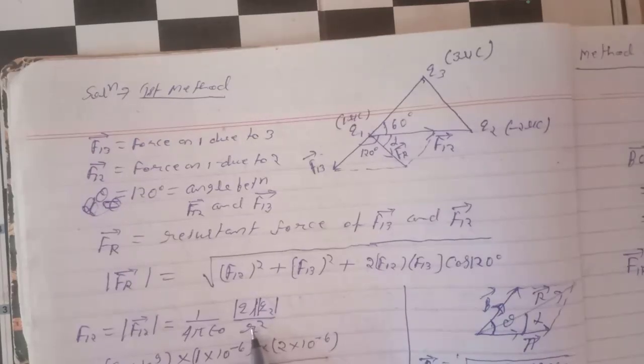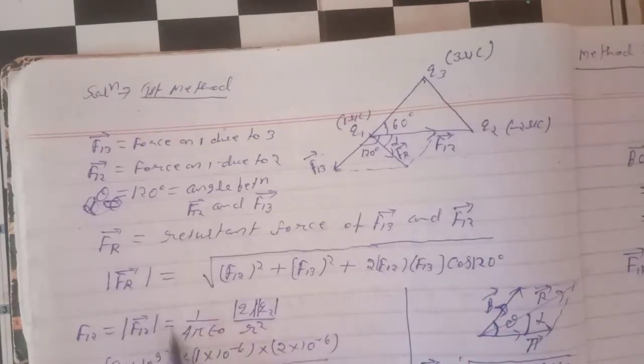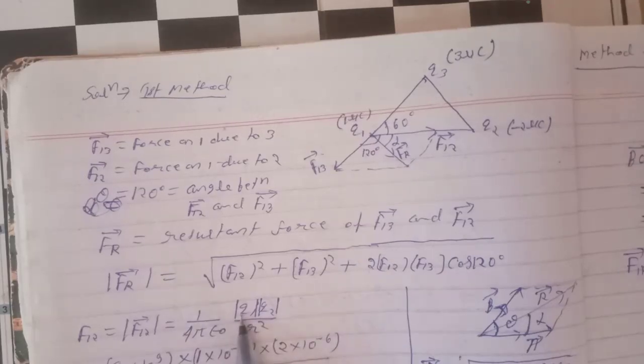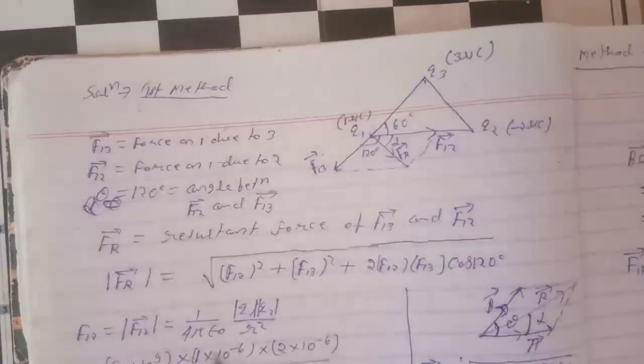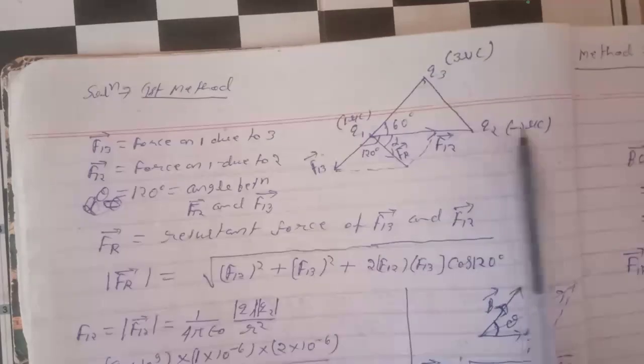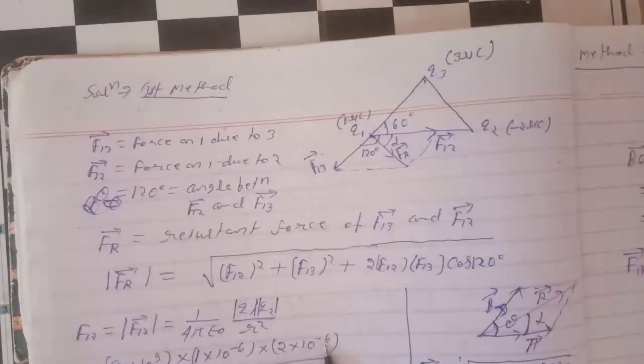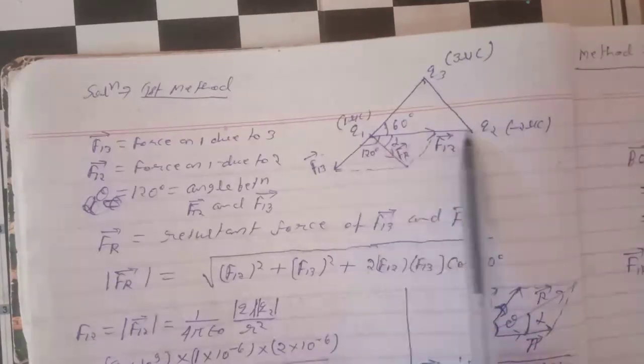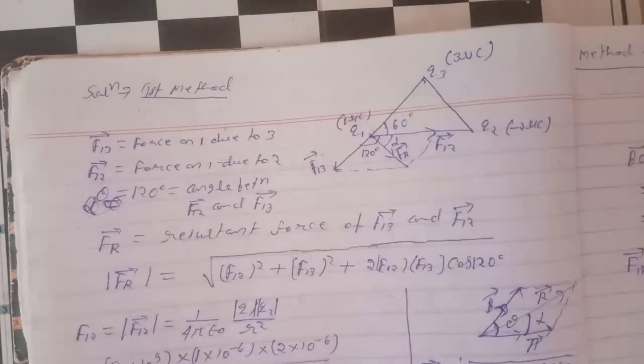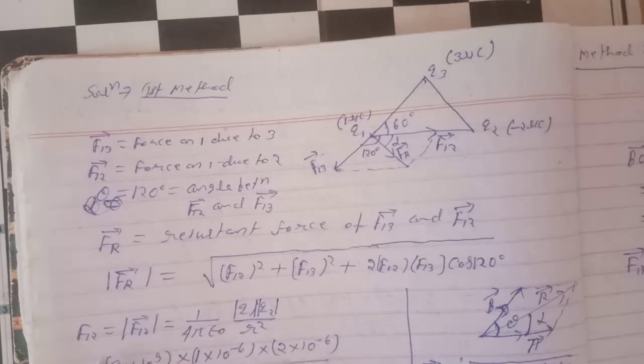Directly we can calculate it. 1 by 4 pi epsilon naught is 9 into 10 to the power 9, Q1 is 1 microcoulomb, so 1 into 10 to the power minus 6 coulomb, into Q2 equal to minus 2 microcoulomb, 2 into 10 to the minus 6 coulomb, and the distance between them is 1 meter, so 1 square. So this value we have calculated as F12.